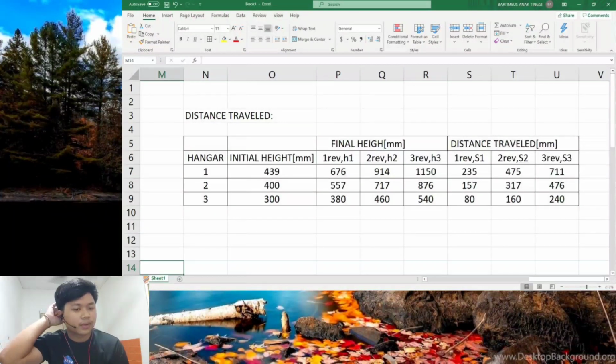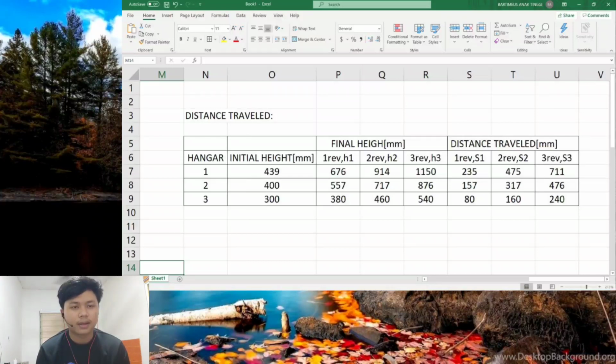So for the distance travel of hanger 1, the answer for the first revolution is 235 millimeter, for the second revolution is 475, and for the third revolution is 711 millimeter.